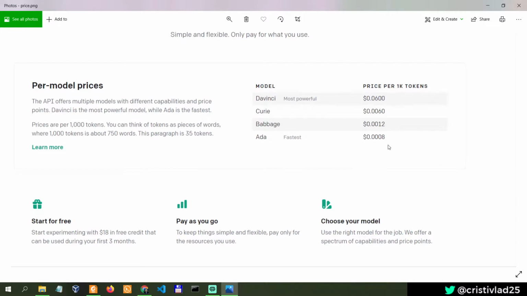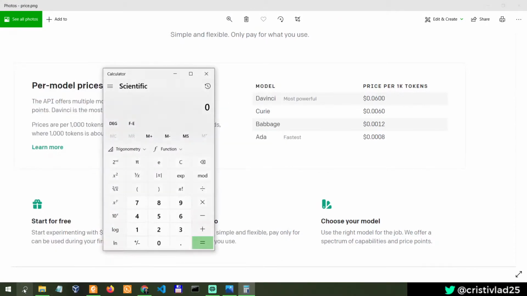And then you have Ada, which is the fastest, probably less reliable when it comes to performance. And this is like 75 times less expensive than Da Vinci. So if we do a calculation here, 0.06 to 0.0008, I said 75.